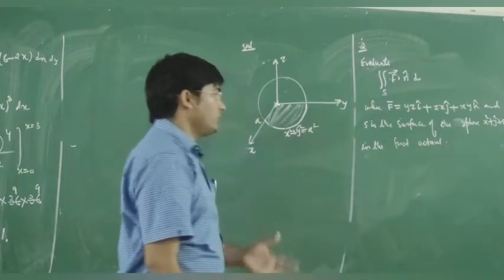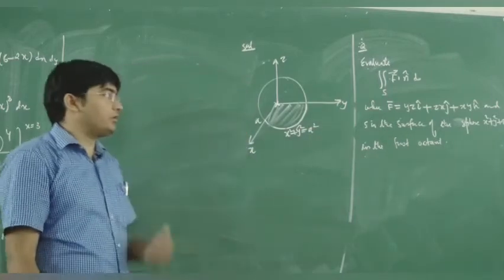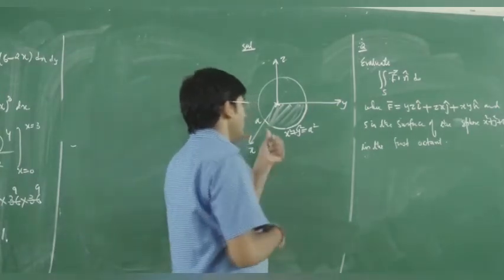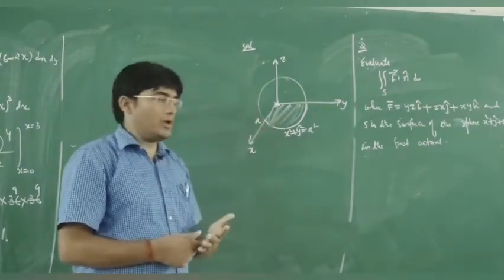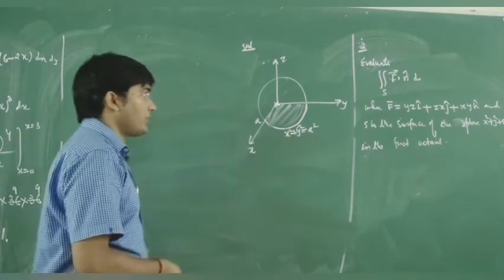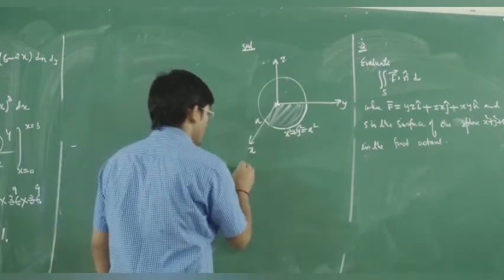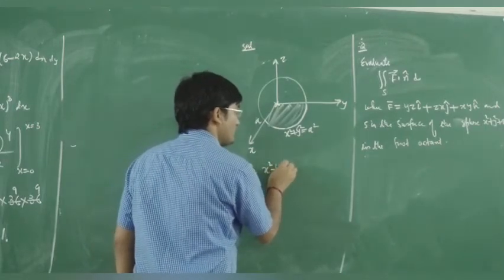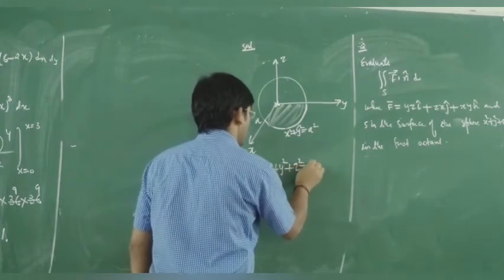As we have to evaluate the value of this double integral over the positive octant, x will vary from 0 to a and y will vary from 0 to under root a square minus x square. Now phi will be x square plus y square plus z square minus a square.